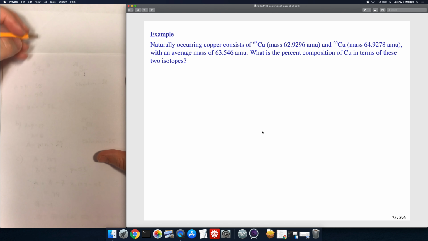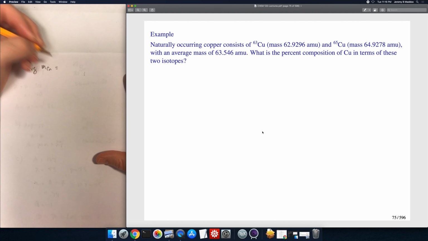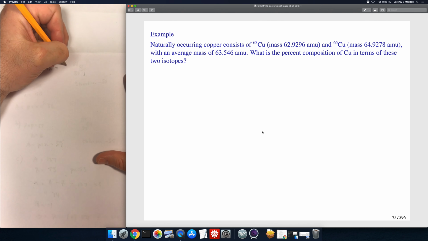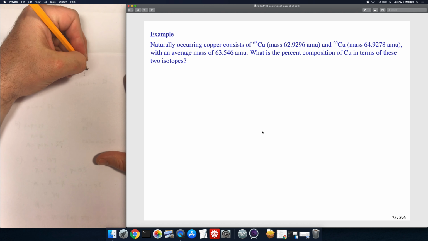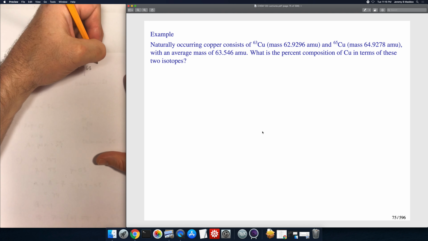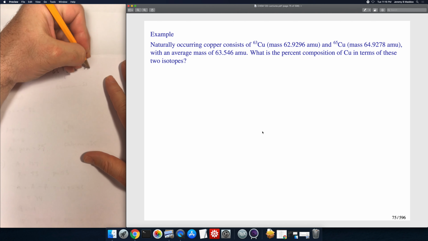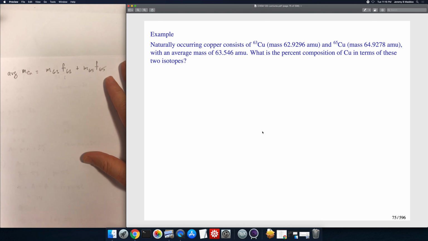So first of all, the average mass of copper, which I'll write like that, is going to be a sum of 2 terms. It's going to be the mass of copper-63 times the fractional abundance of copper-63 plus the mass of copper-65 times the fractional abundance of copper-65.